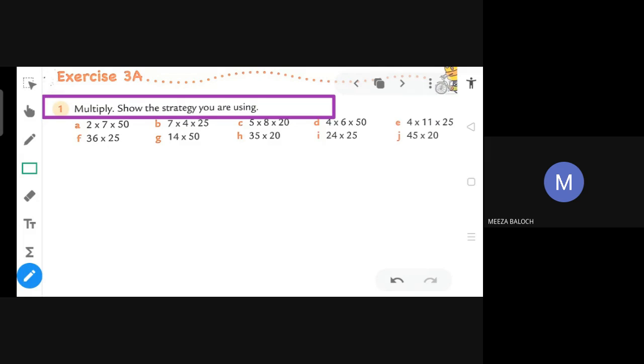Keshwani Fatima Zahra Mohammad Taqi. Yes, ma'am. First read the heading. Multiply means multiply. Show the strategy you are using. Yesterday I explained the meaning of strategy. So who will say?